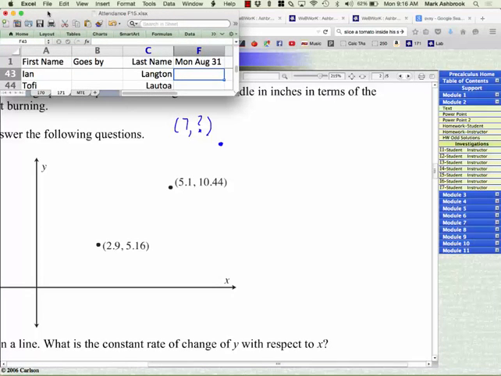Well, no, tell me how you did it. You found the rate of change, and just quickly, how did you do that? Is that the numerator or the denominator? So it's the change in y over the change in x, right?